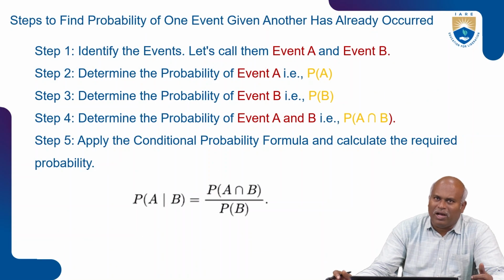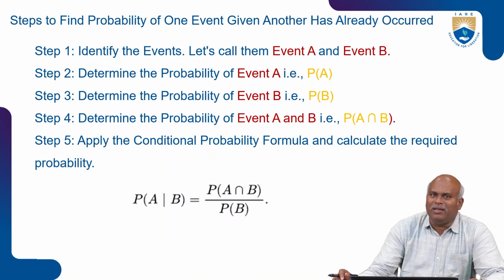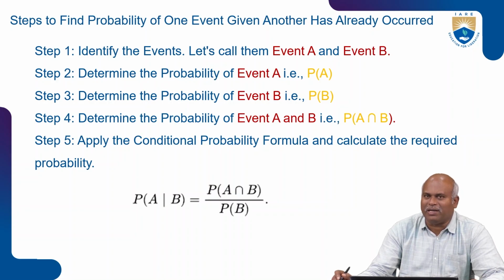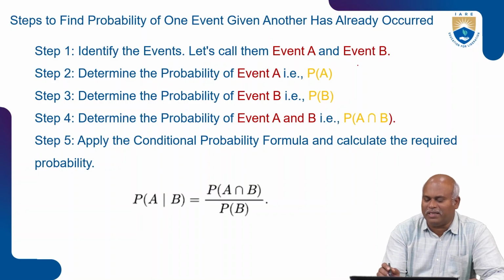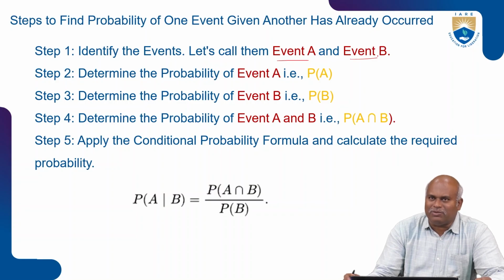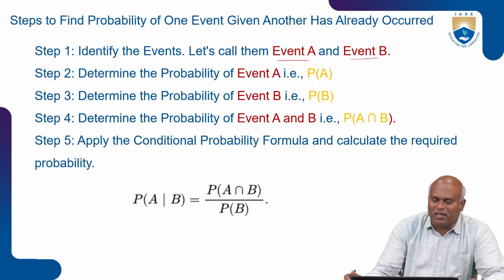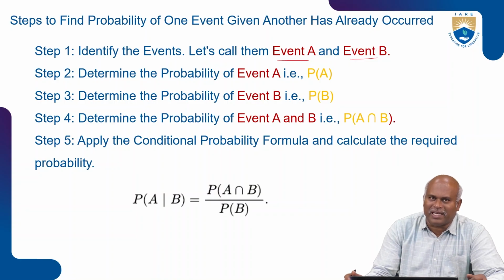Then how do we calculate conditional probability? We will see step by step. First, identify the events A and B. Then we need to find the probability of the events.